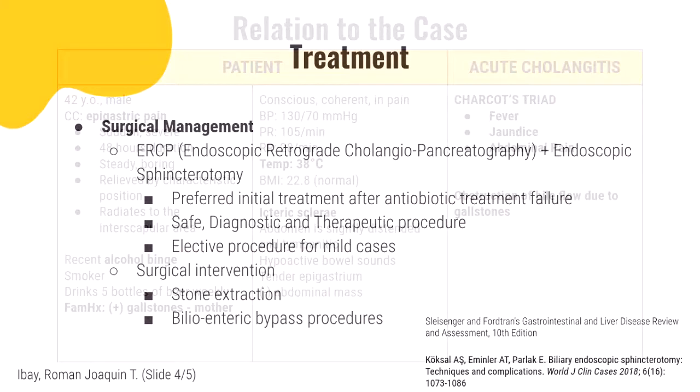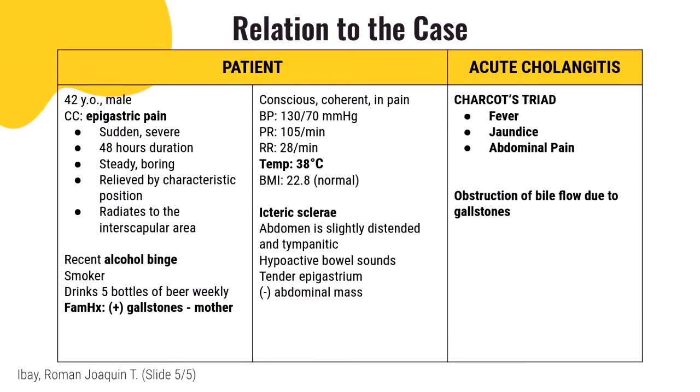So to continue the presentation, in relation to the case, consider acute cholangitis as a differential because the patient presented with epigastric pain and the patient has a risk factor of alcohol binge drinking, which can predispose to gallstones. And the patient also has strong family history of gallstones. The patient also presented with fever and icteric sclerae. So this can also satisfy a part of the Charcot triad, which is fever, jaundice, and abdominal pain.